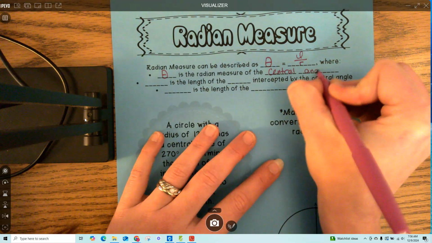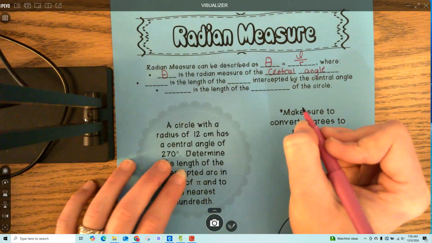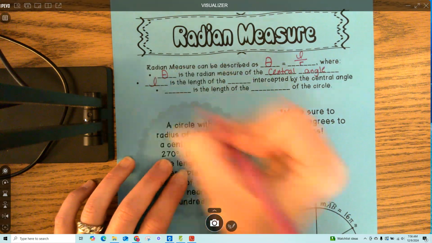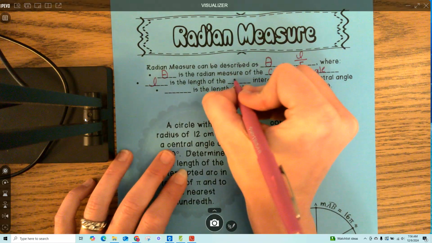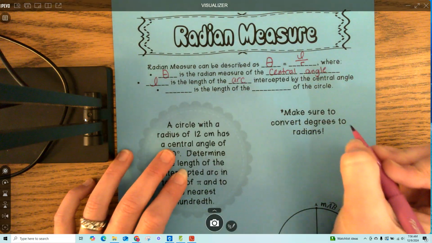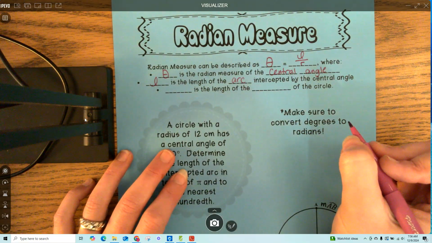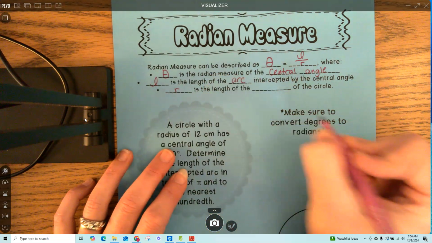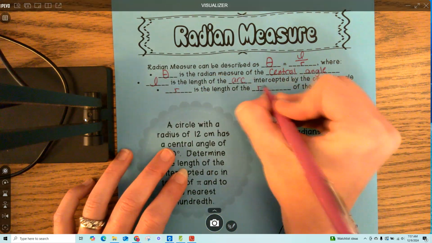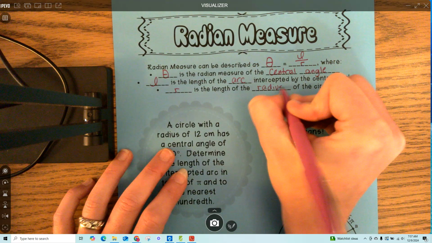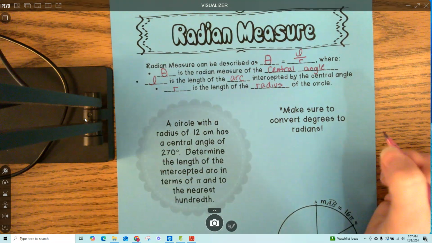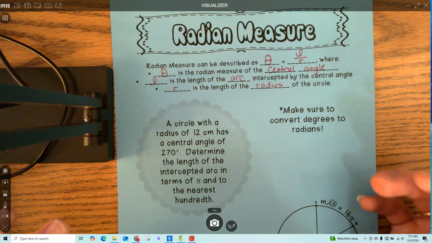L is the length of the arc intercepted by the central angle, and R is the length of the radius. So if we have two of these pieces, we can find the other one.